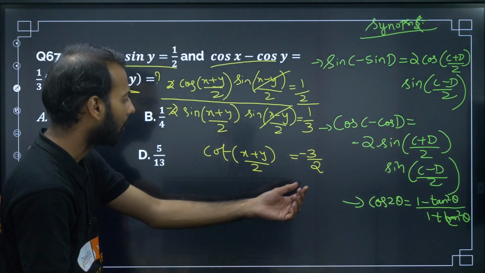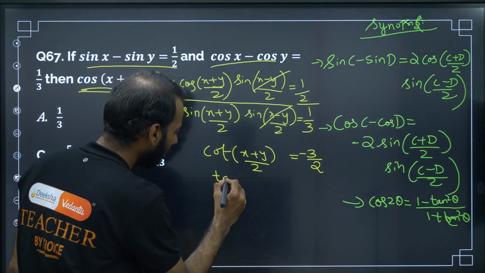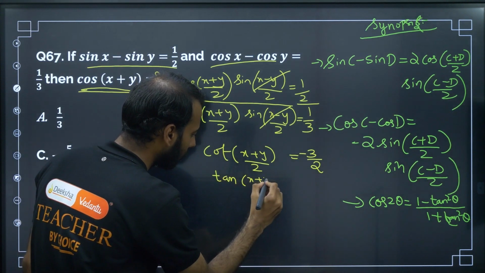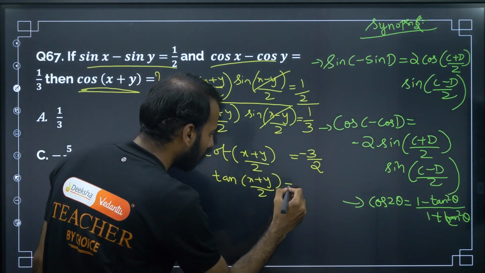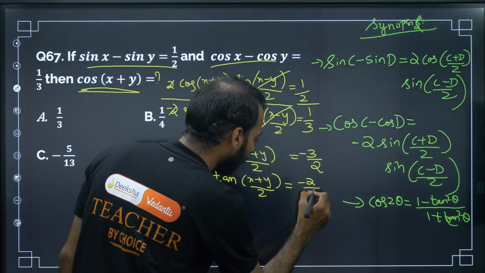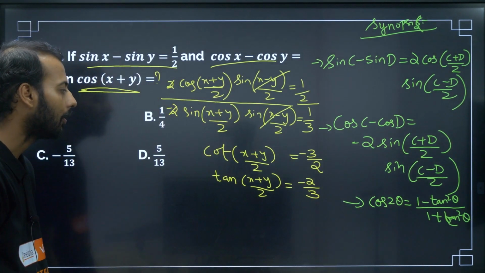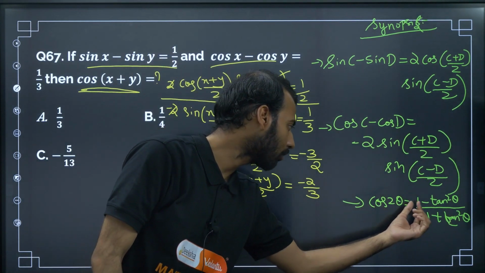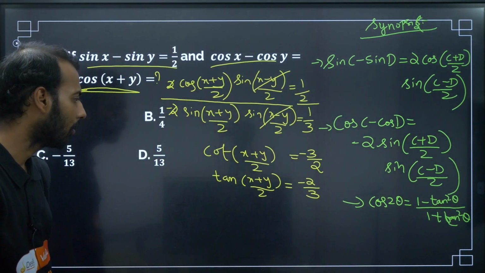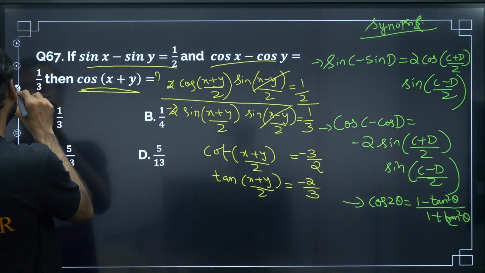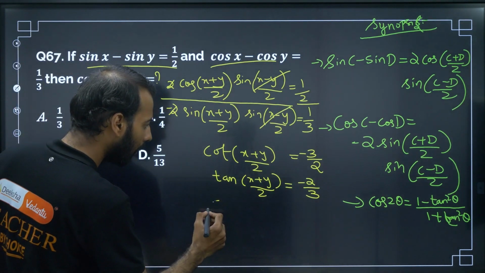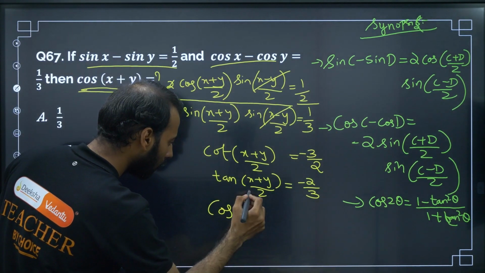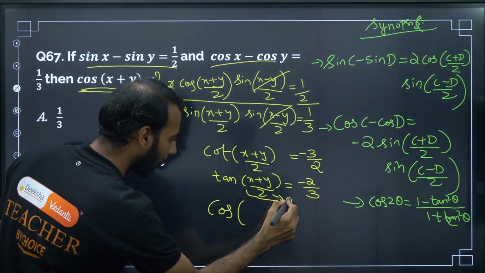That means tan of x plus y by 2 is negative 2 by 3. So tan of x plus y by 2 is negative 2 by 3. Cos 2 theta is this. If I use that formula, let me name this as theta for one moment.